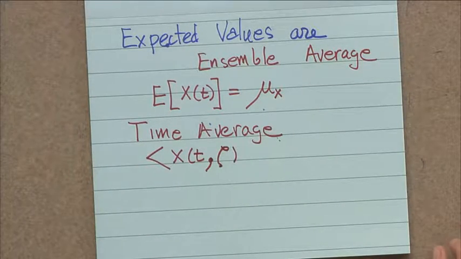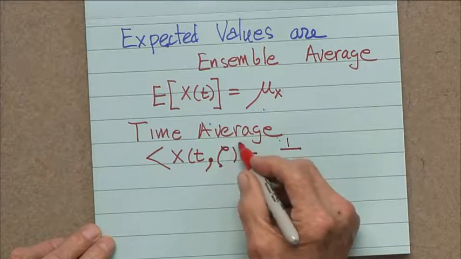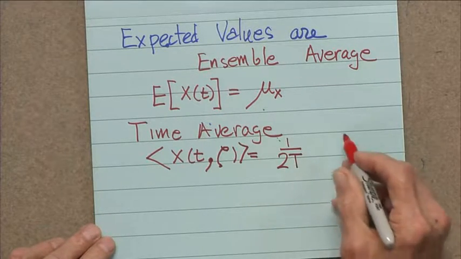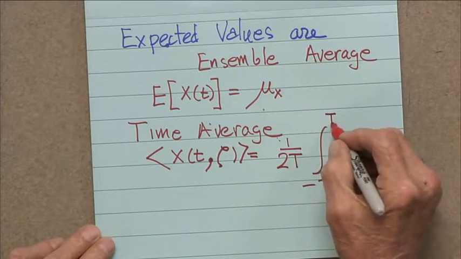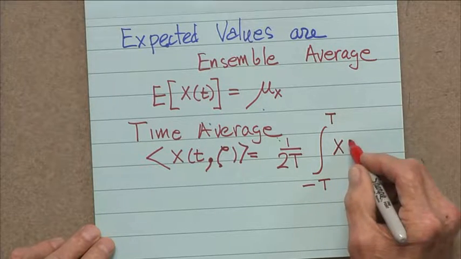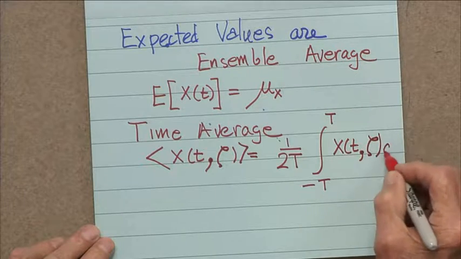The time average is 1 over 2 times capital T, integral from minus T to plus T of x of t, zeta dt.